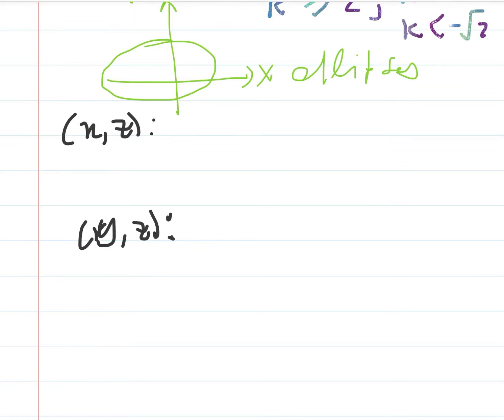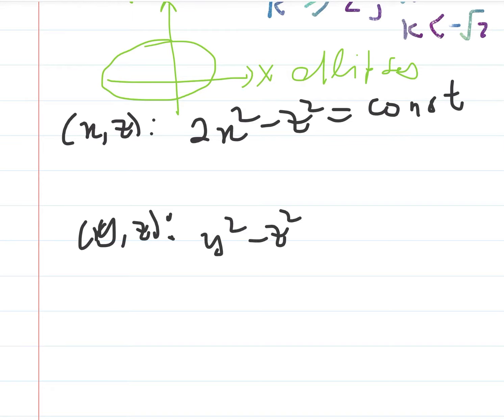In the xz coordinates, that means we are now letting y equal to a constant. We get exactly what we got before, which is then 2x squared minus z squared equals some constant, right? And in the other case, we get y squared minus z squared equals some constant, right?